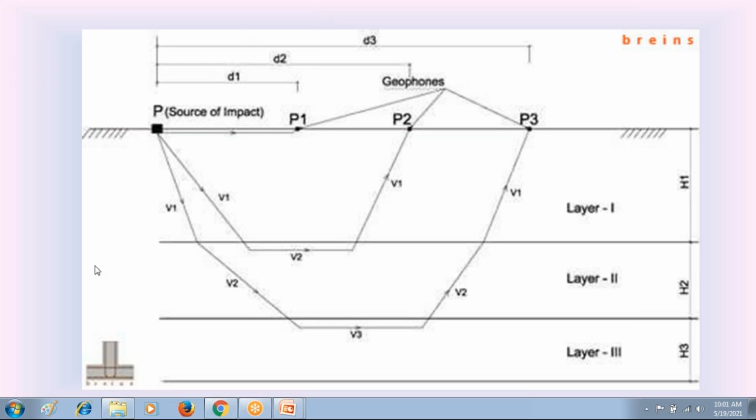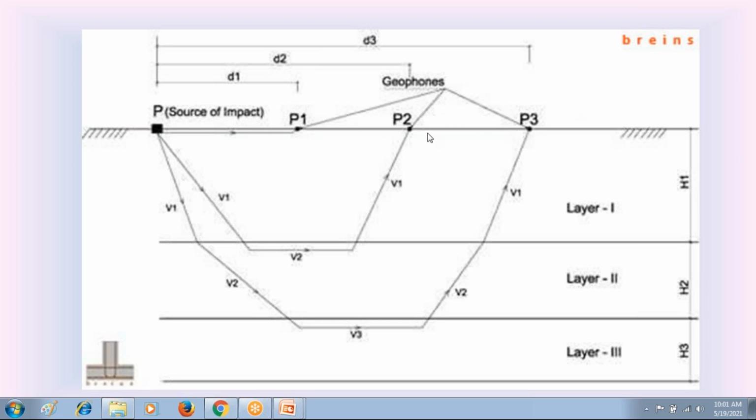So in this arrangement of the seismic refraction method, we have the source, the metal plate and the hammer to produce these shock waves into the ground. These shock waves are received by the devices known as geophones.